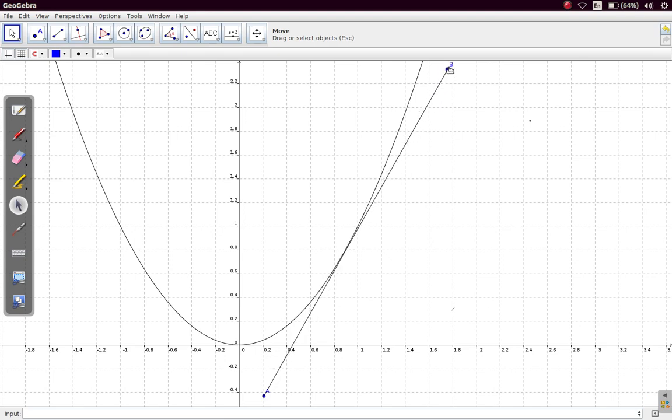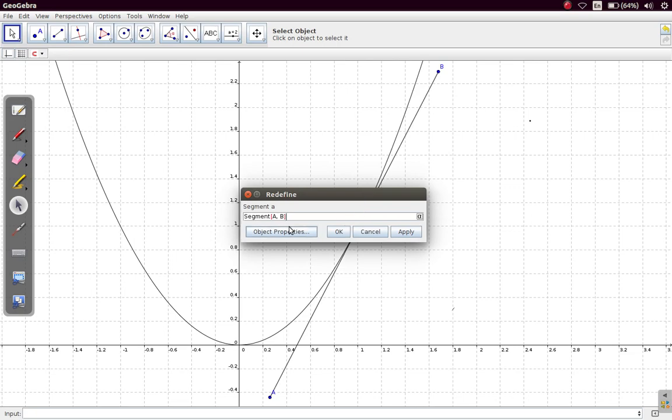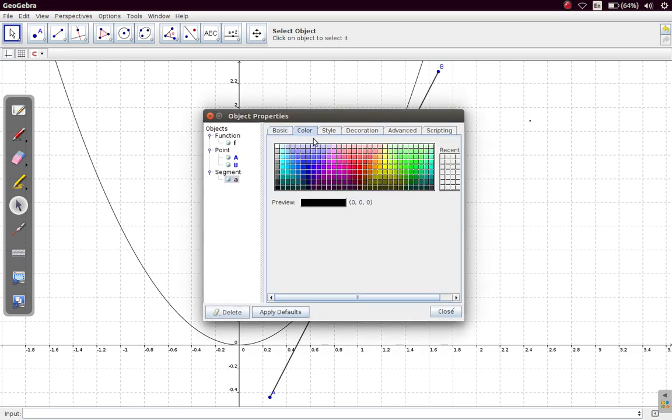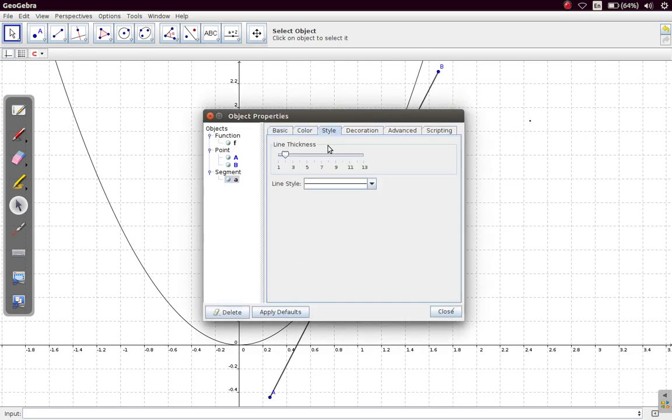Trying our best to do that. How do I make the tangent touch the curve? All right, let's say it touches the curve at x equal 1. Let me make my line thicker.